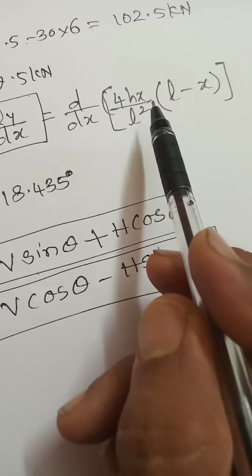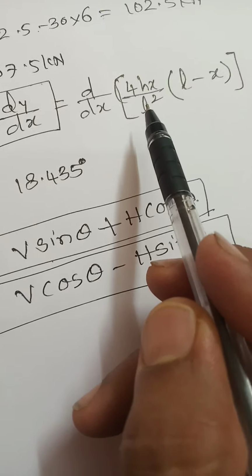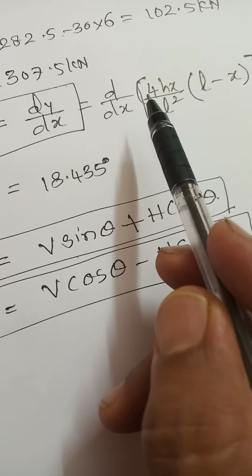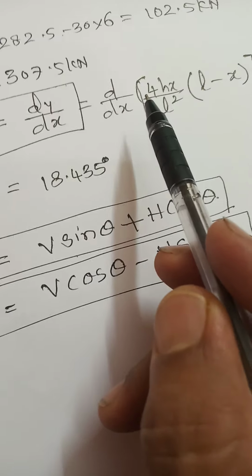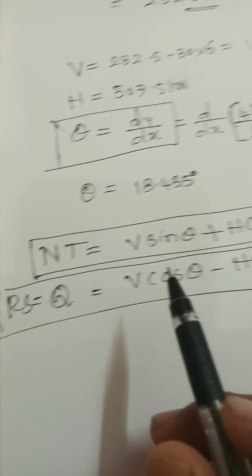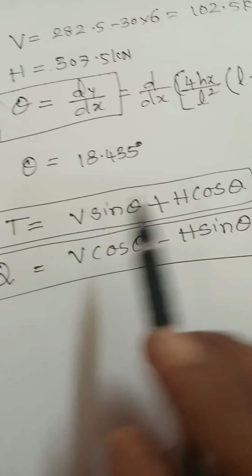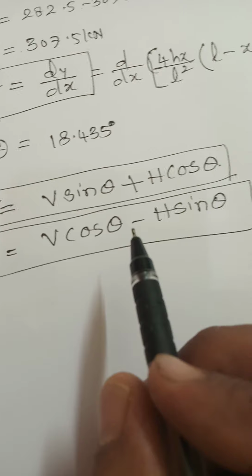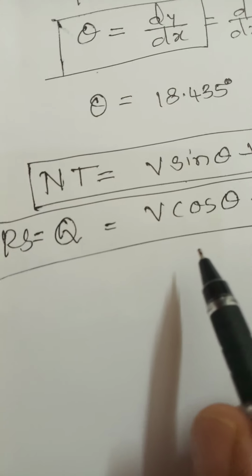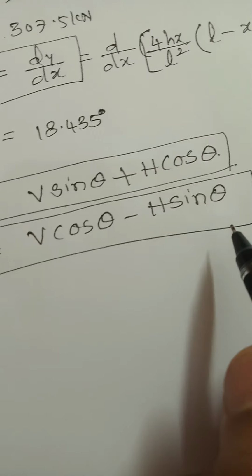L is the span of the arch, that is 24 meters given in the problem. The central rise is 4 meters. x is the distance at which we are finding out, which is 6. After substituting the values, we get theta as 18.435 degrees. Now we have the equations: normal thrust is V sin theta plus H cos theta, and radial shear is V cos theta minus H sin theta.